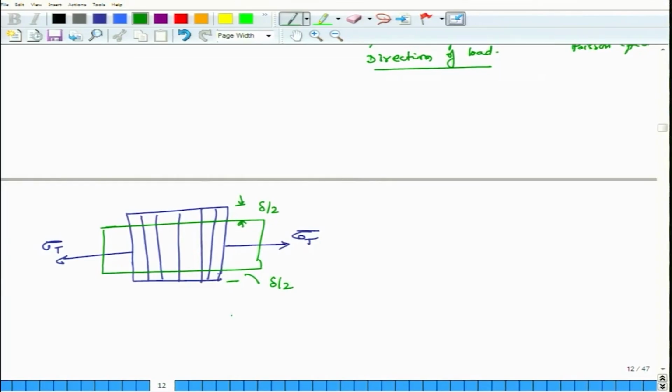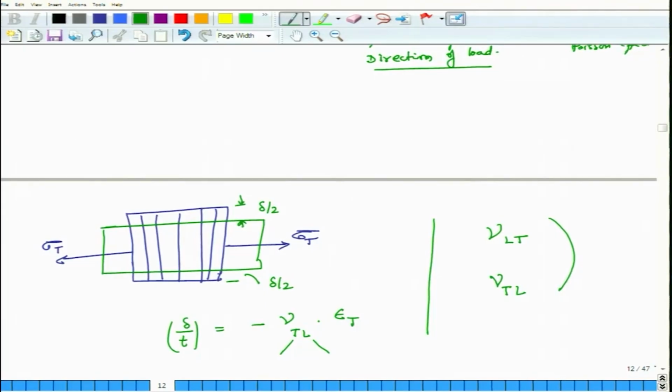In this case, delta divided by the thickness of the composite is nothing but minus Poisson's ratio, not LT but TL, times the transverse strain. Once again the loading is in the transverse direction and the reduction of thickness is happening in the longitudinal direction. So we have to be careful when discussing Poisson's ratio, as there are two values, one is nu LT and the other is nu TL.